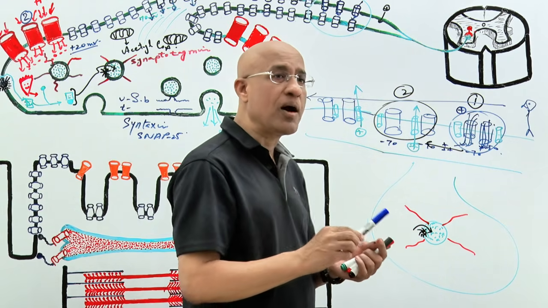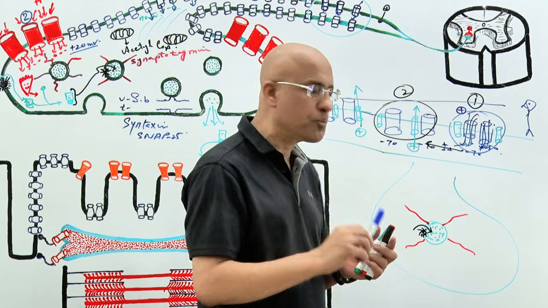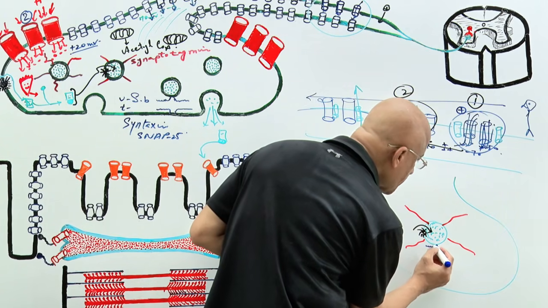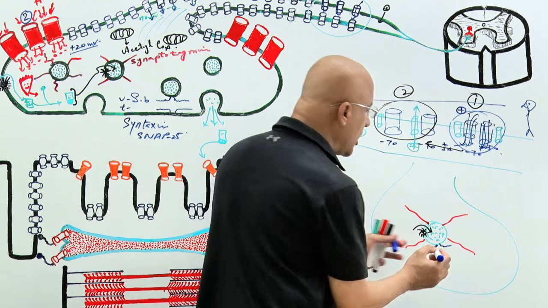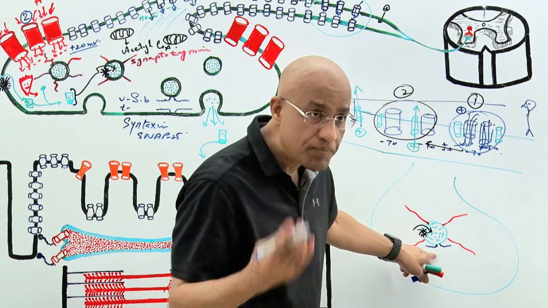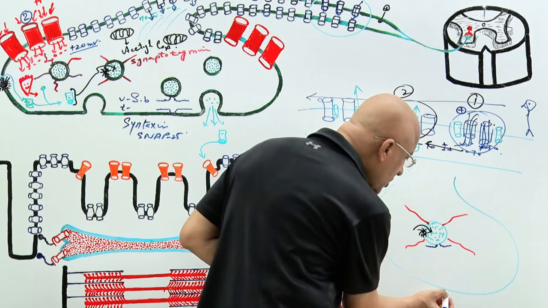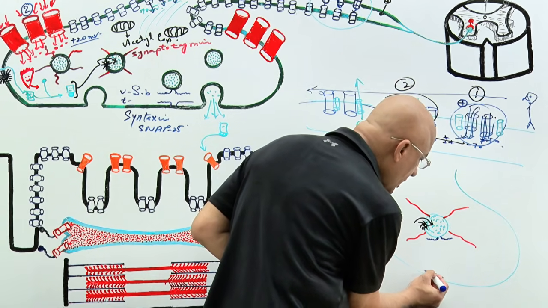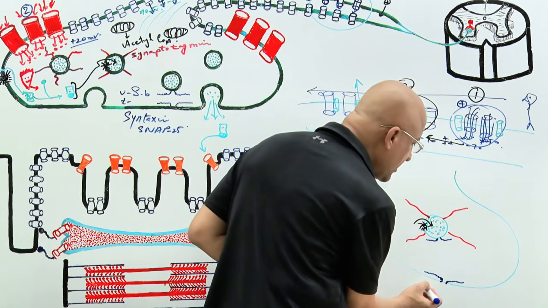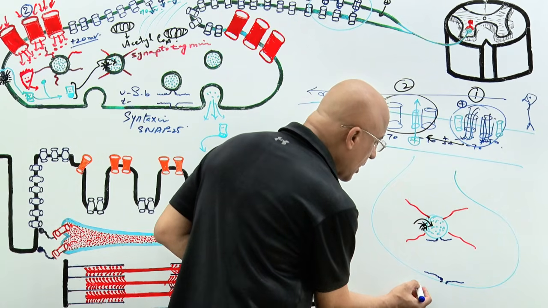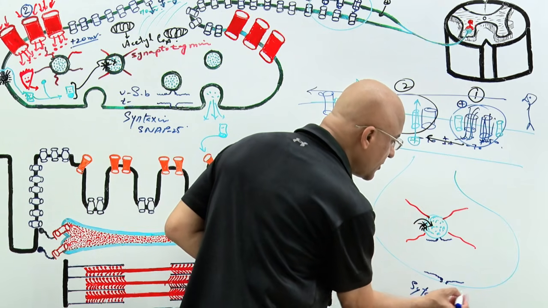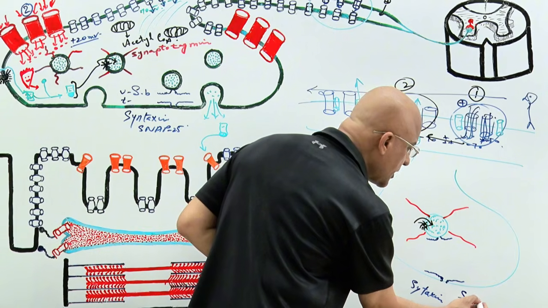But some of the fusion proteins are there. One is what? Synaptobrevin, which is also called vesicular SNAREs, and on the target membrane where they need to fuse, there are T-SNAREs, right? And two of them I want you to remember: syntaxin and SNAP25.